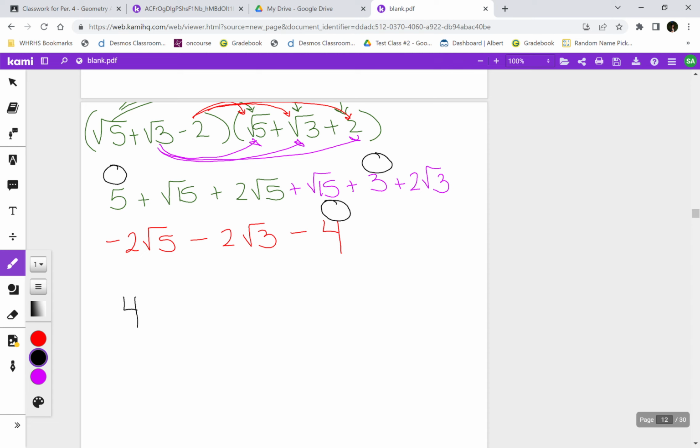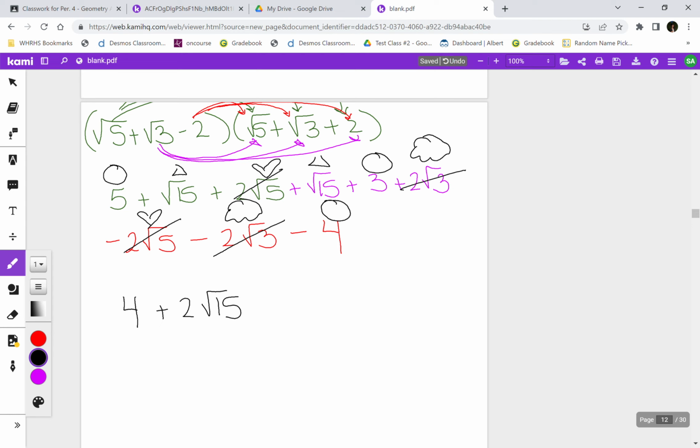Then we're going to have root 15 and another root 15, which gives us 2 root 15. Are we good so far? Then I have 2 root 5 and a negative 2 root 5. What happens there? Cancel. Then I have 2 root 3 and a negative 2 root 3, which cancels. Look at that. What did we come down to?